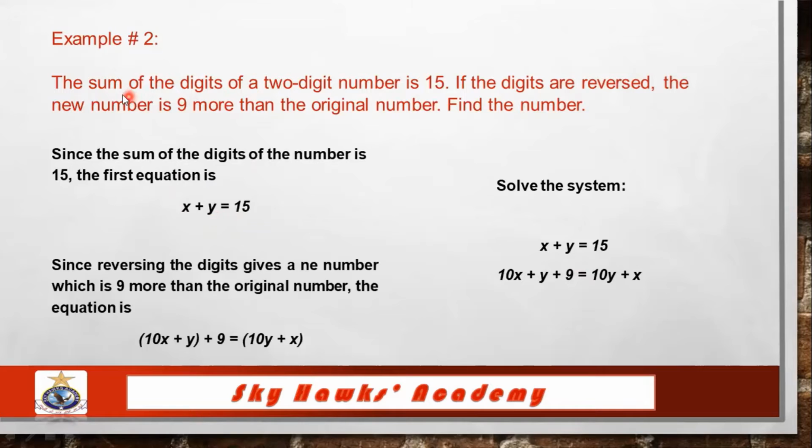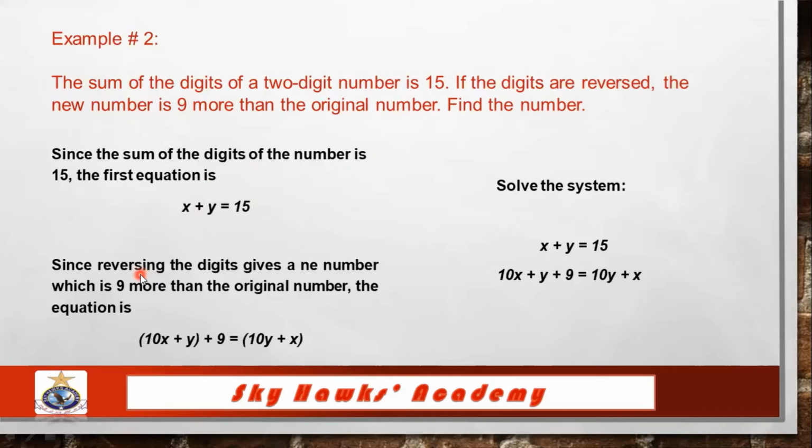So this first statement is leading to the first equation of the problem, the sum of the digits. So x plus y is 15. That's simple.